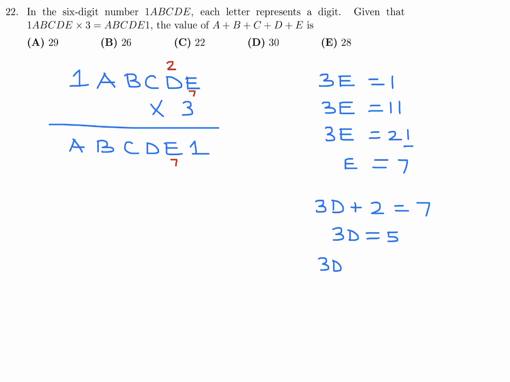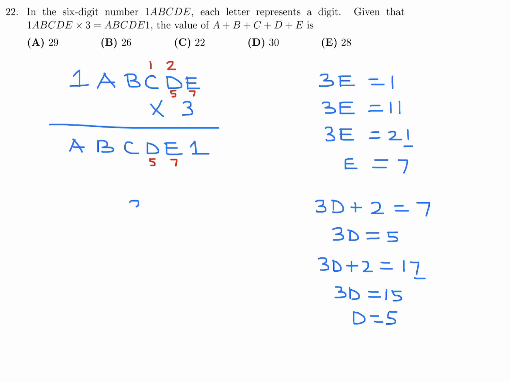So that means 3D plus 2 perhaps could have been 17, right? So 3D equals 15, D equals 5. That works in terms of an integer. So D equals 5. So I'll put the 5 here to represent what the value of D is. Let's keep going. And this time there was a carry. 3 times D is 15. And then we had to add the 2, make it 17. So the carry is just a 1.